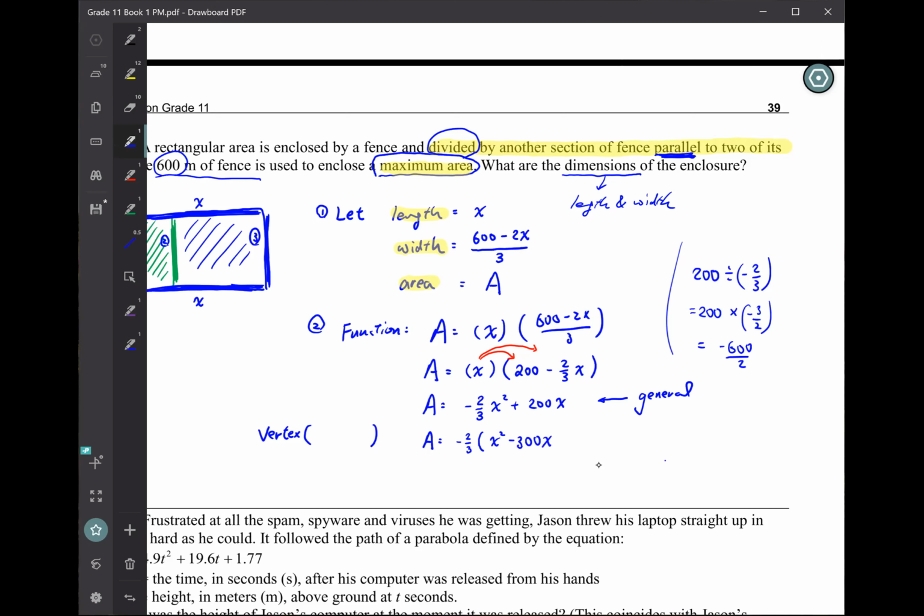Okay, continue. Plus 150 squared. And then minus 150 squared. Bracket negative 2/3. Good. That's it, right? Yeah, there's no third term. Okay, so from here, continue.